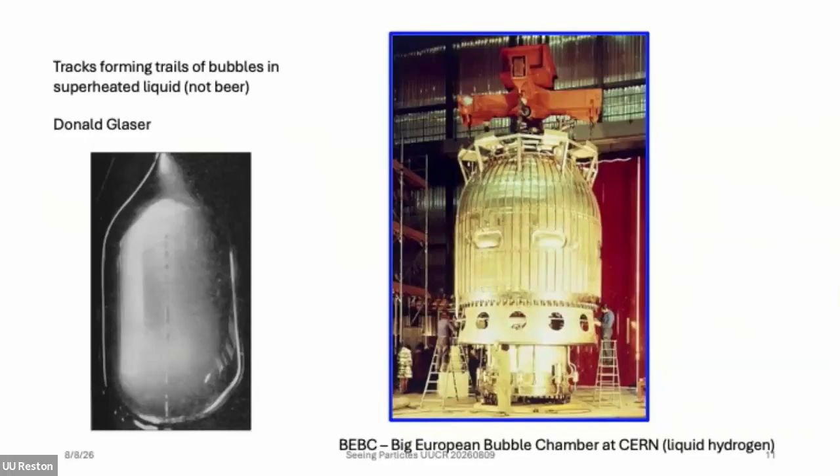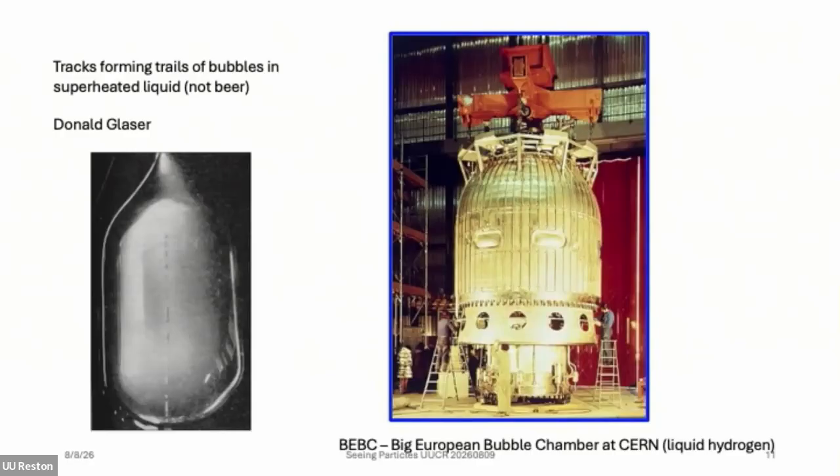It was superheated, so it's about to boil, but it doesn't quite boil until particles go through it, and they kick electrons out of the atoms on their trail, and that leaves a trail of so-called ionization. And when you expand it, bubbles form along that trail, and you can take a photograph of the trail of bubbles, and then recompress it, and the bubbles go away, and you're ready to do it again and again.